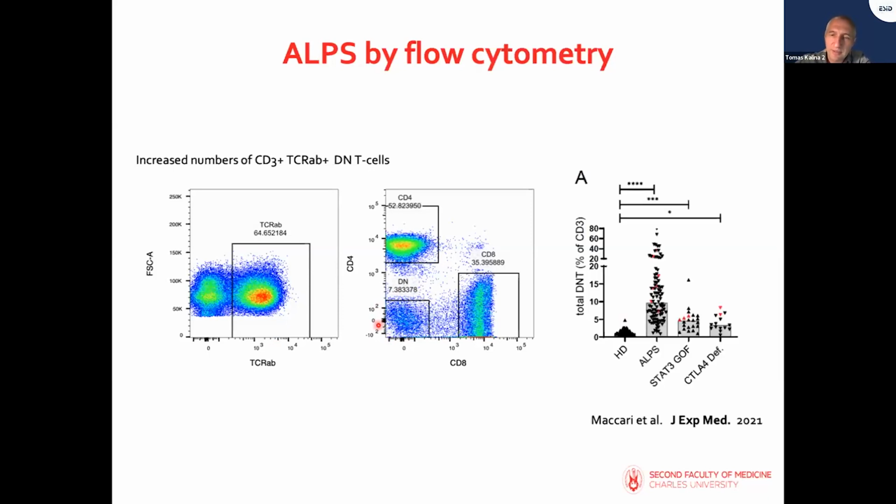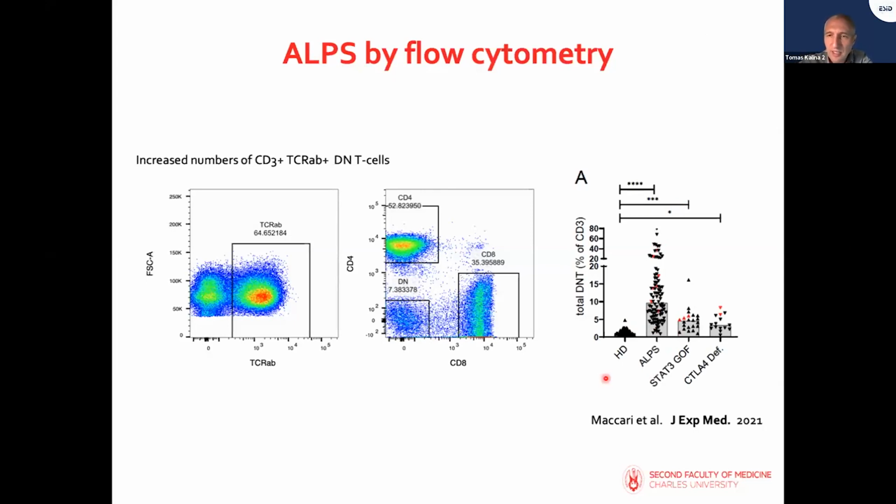So recently there was a beautiful paper by the Freiburg group showing the different numbers of double negative T cells in ALPS, and showing that not only do you have higher numbers in ALPS, but there are also a few other mutations, like STAT3 gain of function and CTLA4, that will present with increased double negatives.